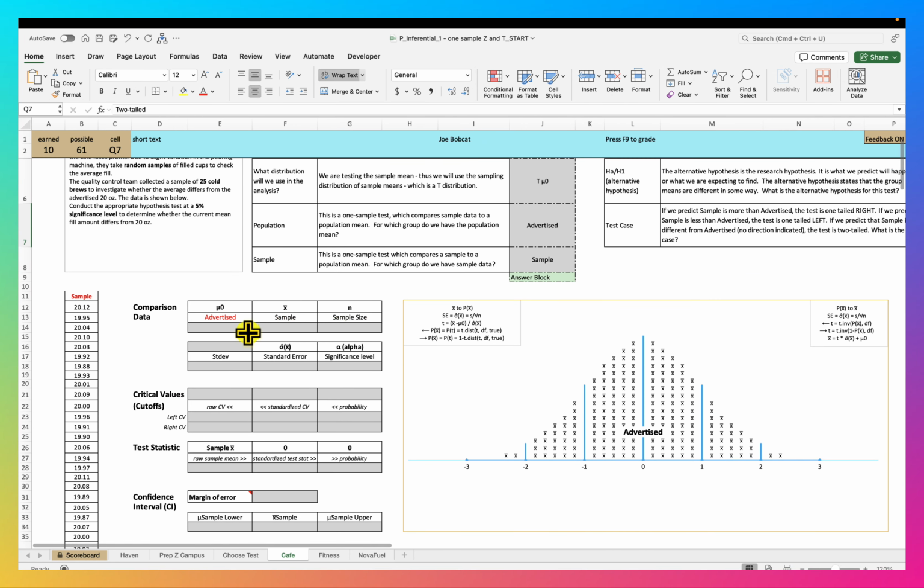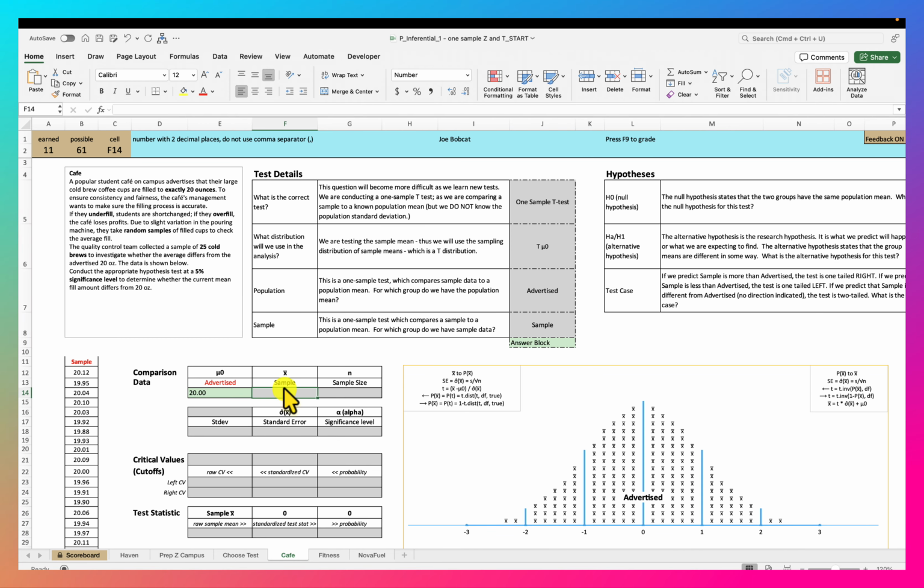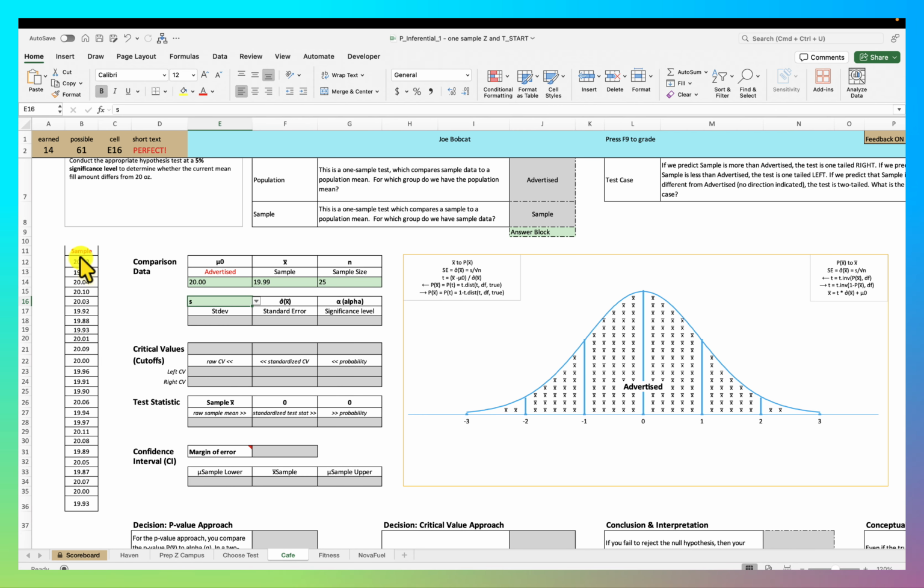All right, so now we've got some numbers to fill in. The advertised is 20. The sample, well, let's see what it is. And the sample size. All right. So now we are going to use the standard deviation, but not the population one.